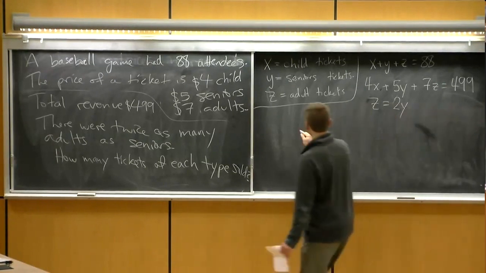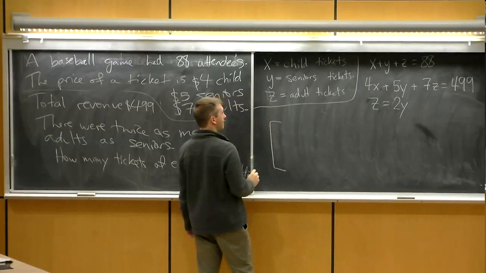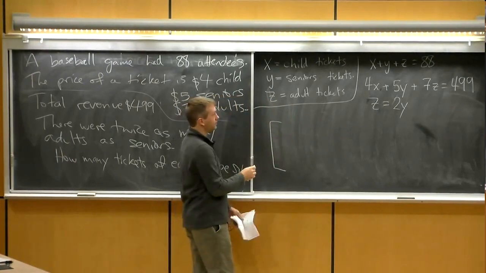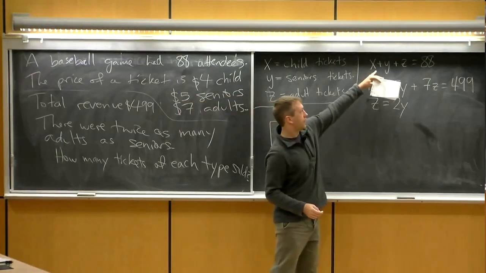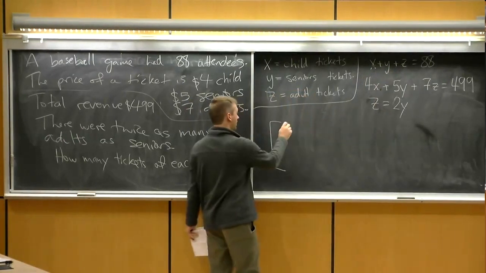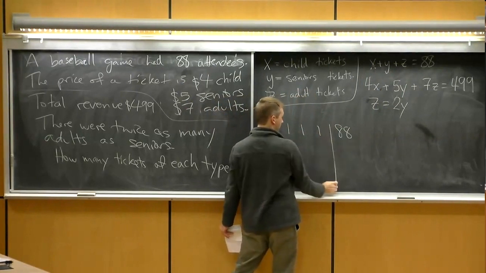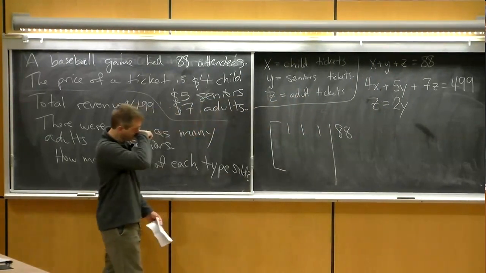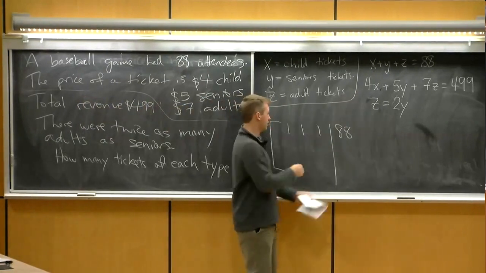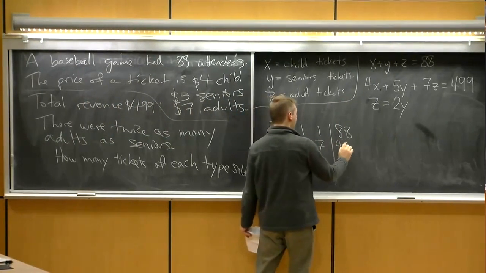So now I want to turn this into a matrix and solve it with Gauss-Jordan elimination. So I take my first equation, which has coefficients 1, 1, 1, and I just write 1, 1, 1, and then 88. My next equation becomes 4, 5, 7, 499.